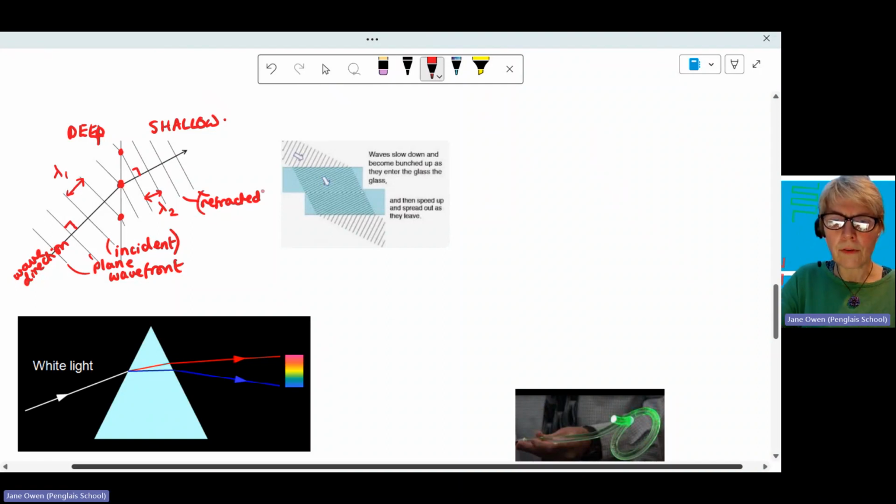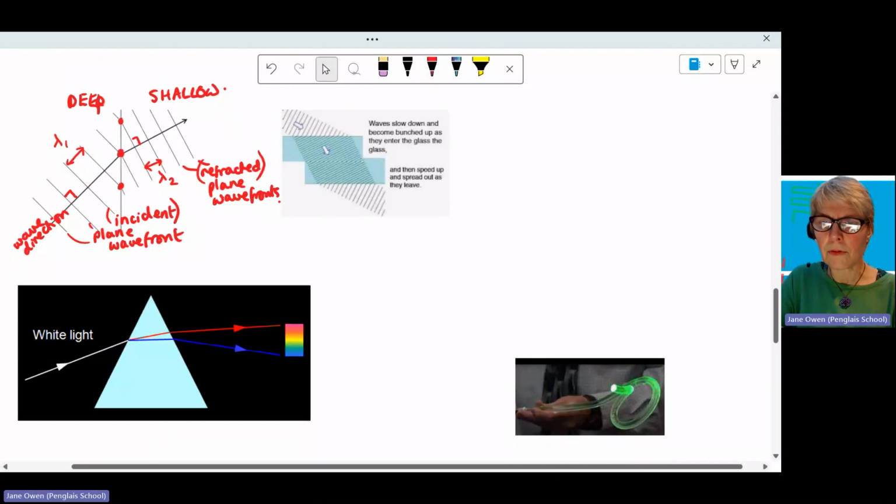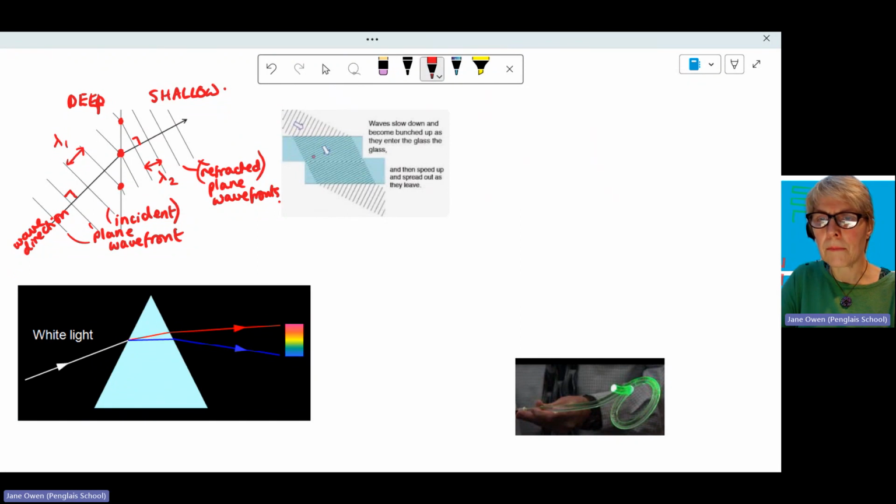So this is the refracted plane wavefronts. And if we look at a more wholesome view, you can see that these wavefronts are coming onto the interface, and then as they pass through, they bend, and as they bend, the waves come closer together.